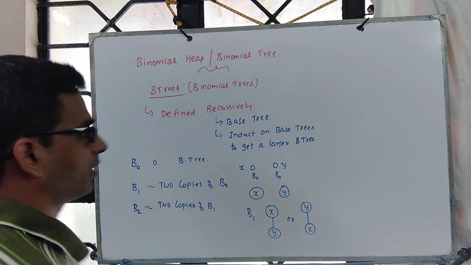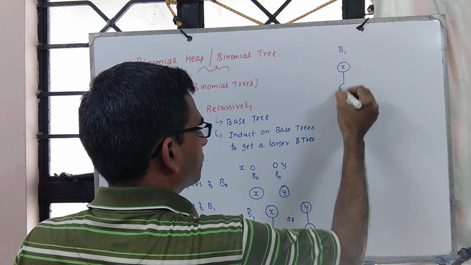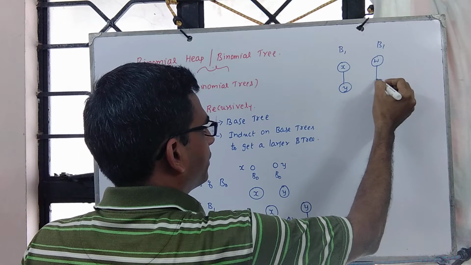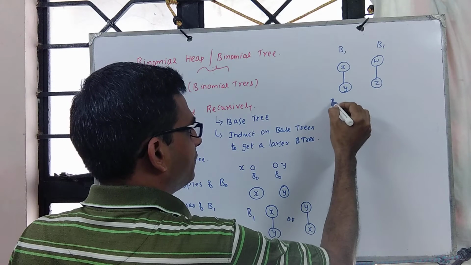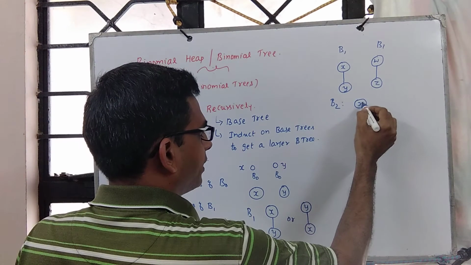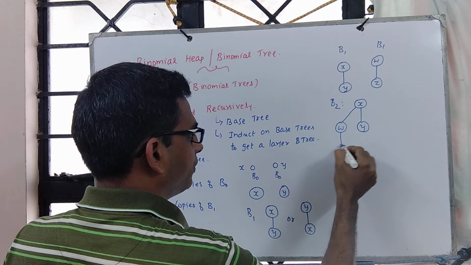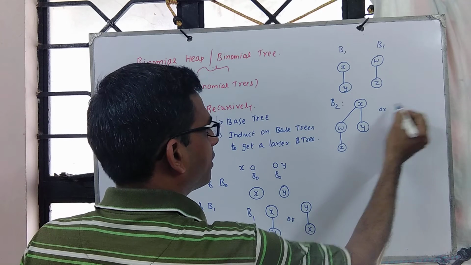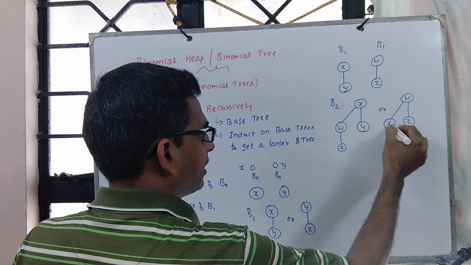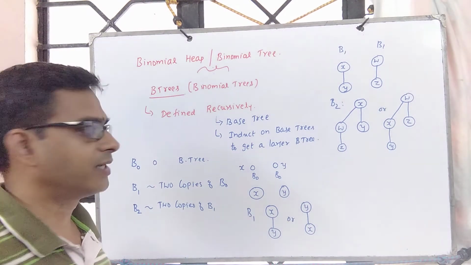Say for example, here is one B1, which is X with its child Y, and another B1, W and Z. Now with this we construct a B2: take X as the root, below that Y, and bring W and Z and keep them to its left, like this. So this is how we keep constructing this.